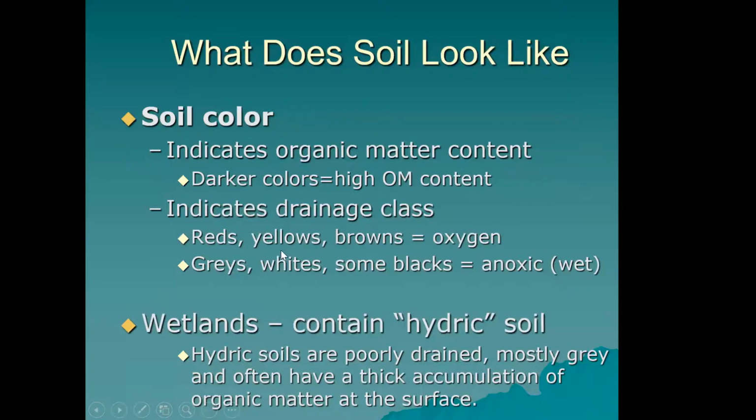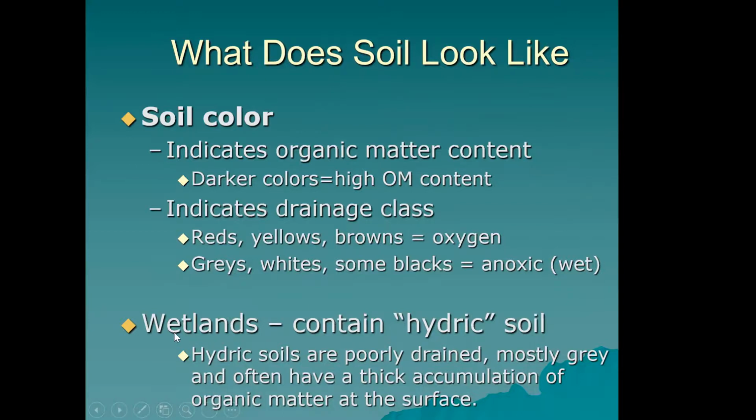When your red, yellow, and brown iron oxides are in the presence of water for a couple weeks, they actually dissolve and wash away, and what's left are gray, white, and every now and then some black splotches. So look for those splotches, and they will tell you where the water table rises to throughout the year.